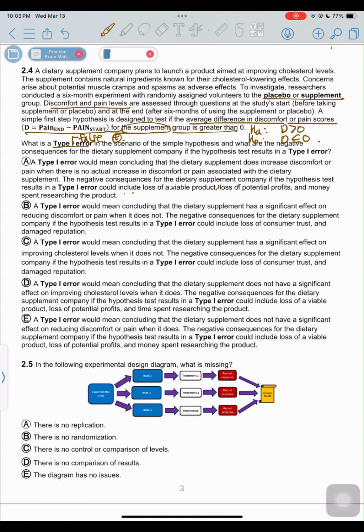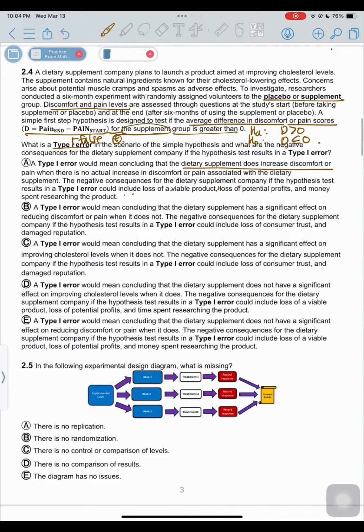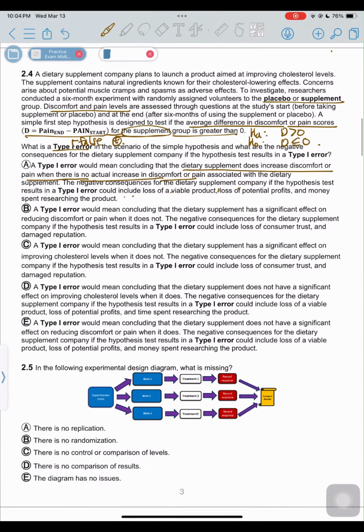So let's look at the options now. Option A, type 1 error means concluding that the dietary supplement does increase discomfort or pain when there is no actual increase in discomfort. So it's a false positive. So it rejected the null hypothesis, right?